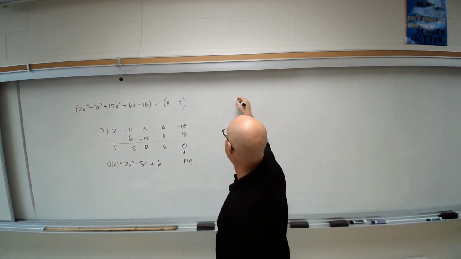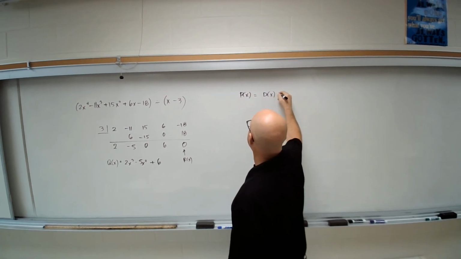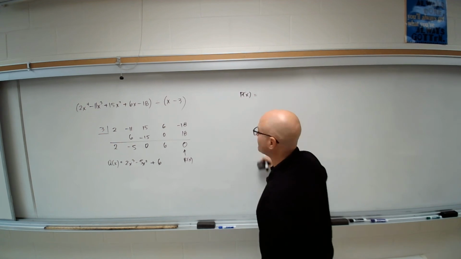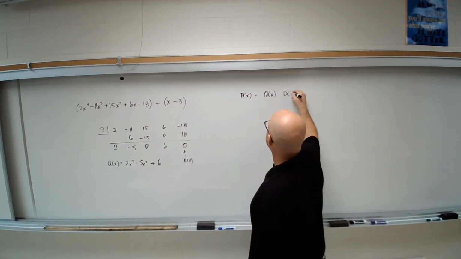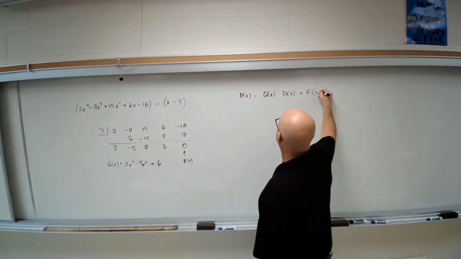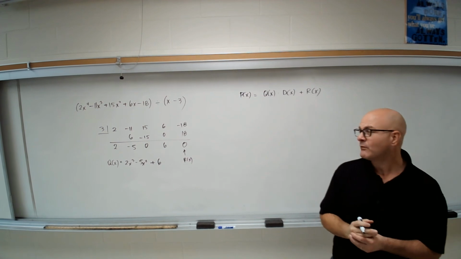So if we think back, we had p of x equals d of x, or I think we usually say q of x first, but it doesn't matter. q of x times d of x plus r of x. Right? That was the way we like to write our answer out, one of the two ways.